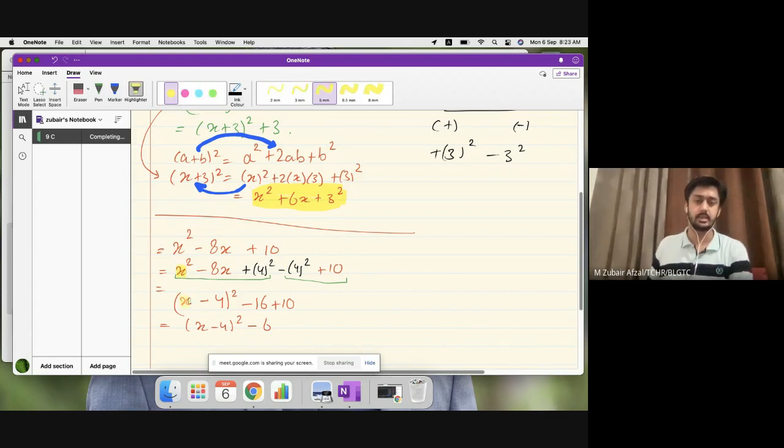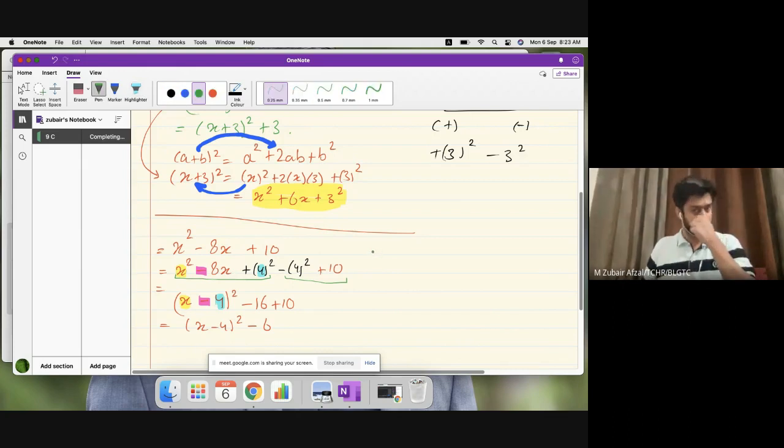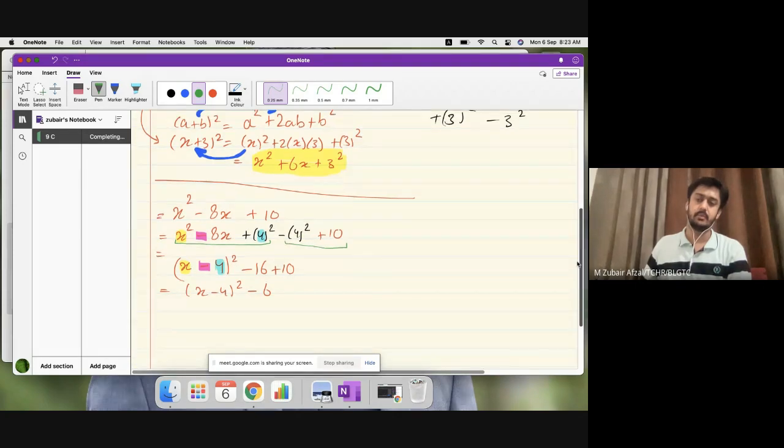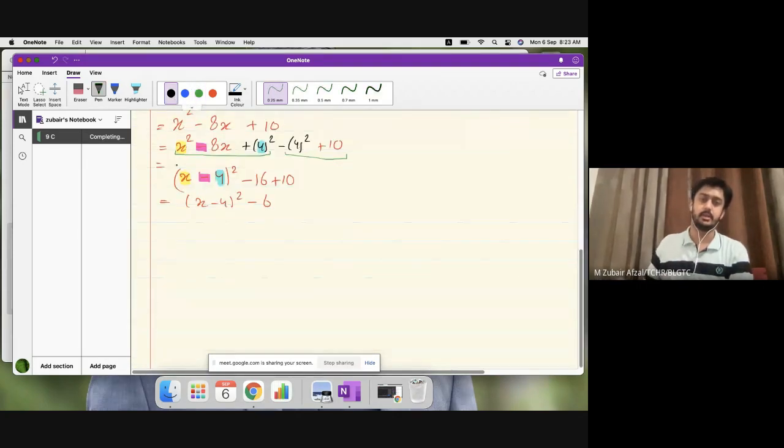This x is coming from here, the negative sign is coming from here, and the number 4 is coming from here. Any confusion still now? No confusions? If you understood, kindly take part in it.